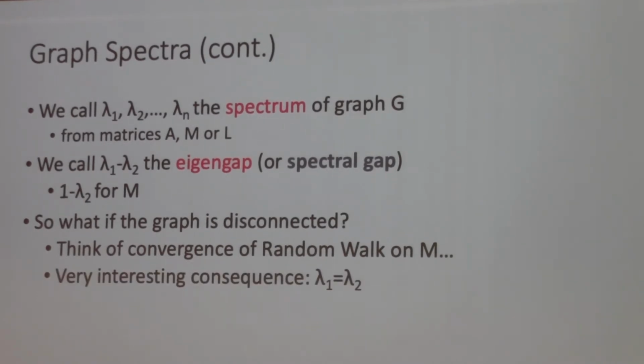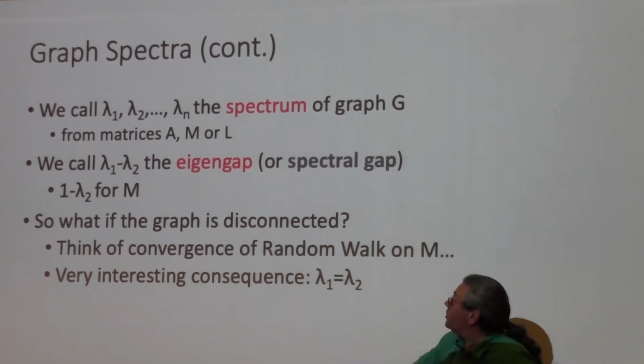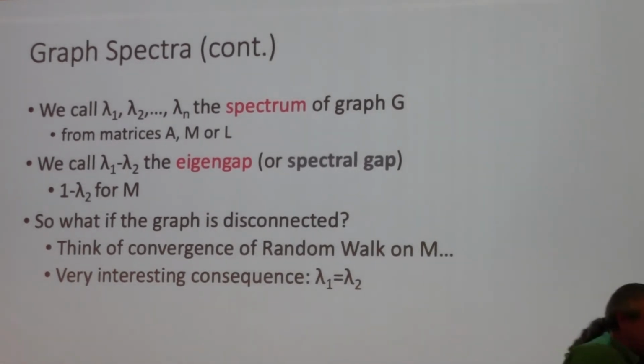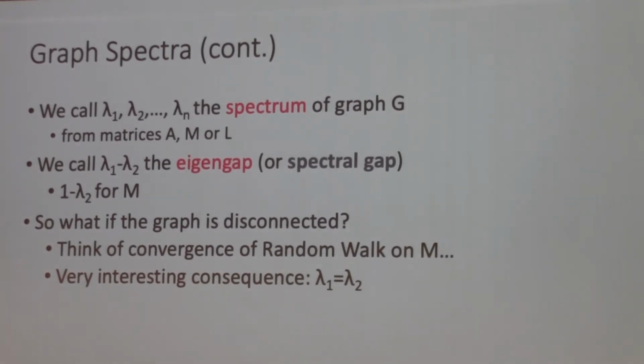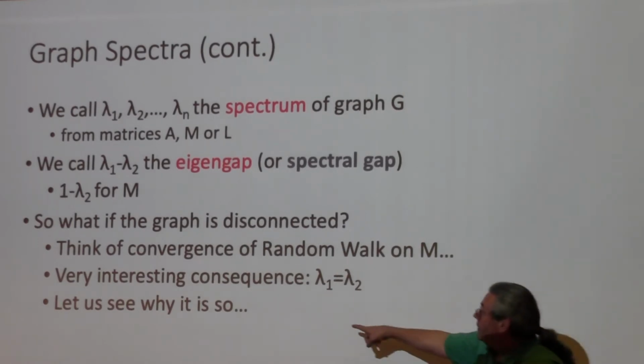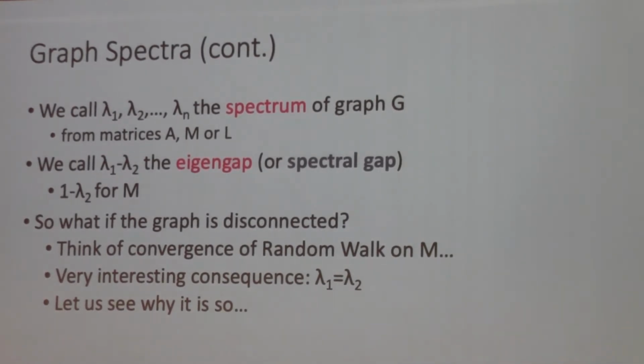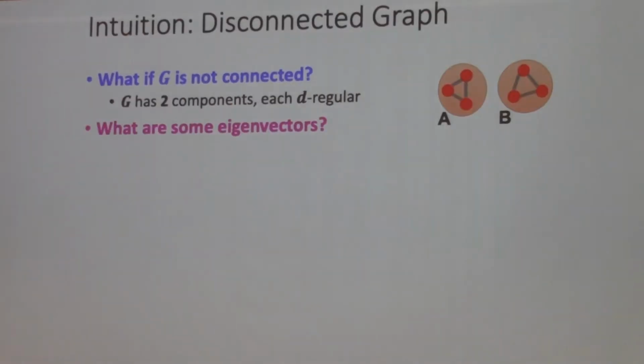It turns out, if the graph is disconnected, lambda 1 is equal to lambda 2. So if the graph is disconnected, the eigen gap is 0. That might seem very weird, okay? But I want to show you why it's like that. And you'll see it's actually intuitive, okay? To give you some intuition on that.